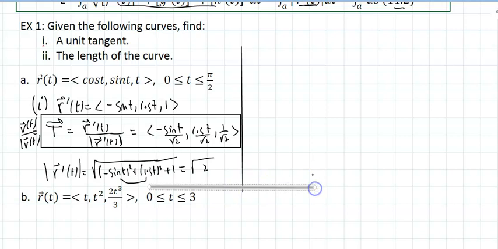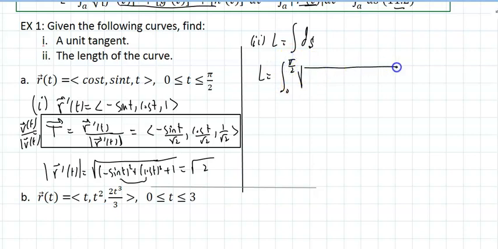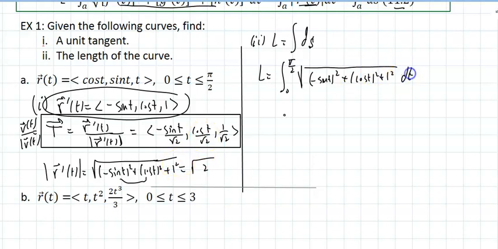And what if I wanted to find the length of the interval? Well, the length of the interval, L equals the integral, and I suggest you start getting used to these notations. L equals the integral from 0 to pi over 2. ds is nothing more than the square root of, so the magnitude of this. We already found that. No need to do it again. I could say that is negative sine of t and redo the work one more time, right? Or I could simply say, hey, look at the first part.